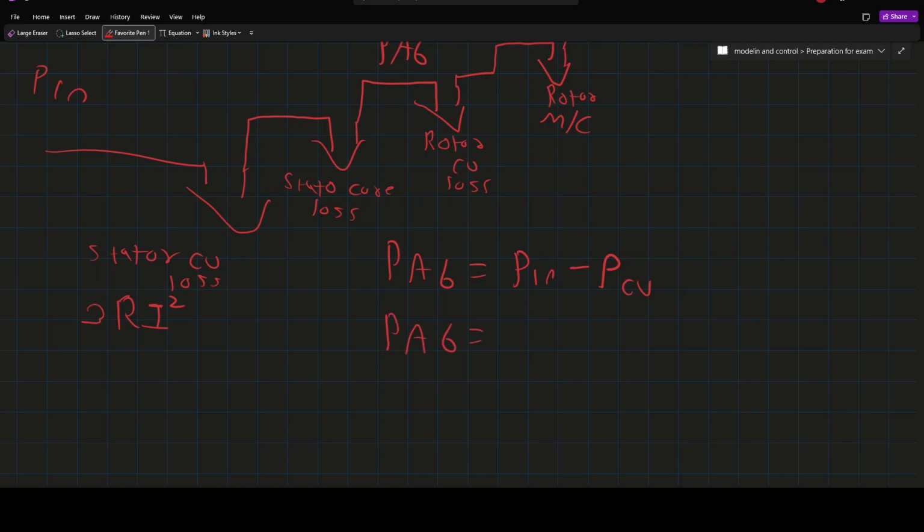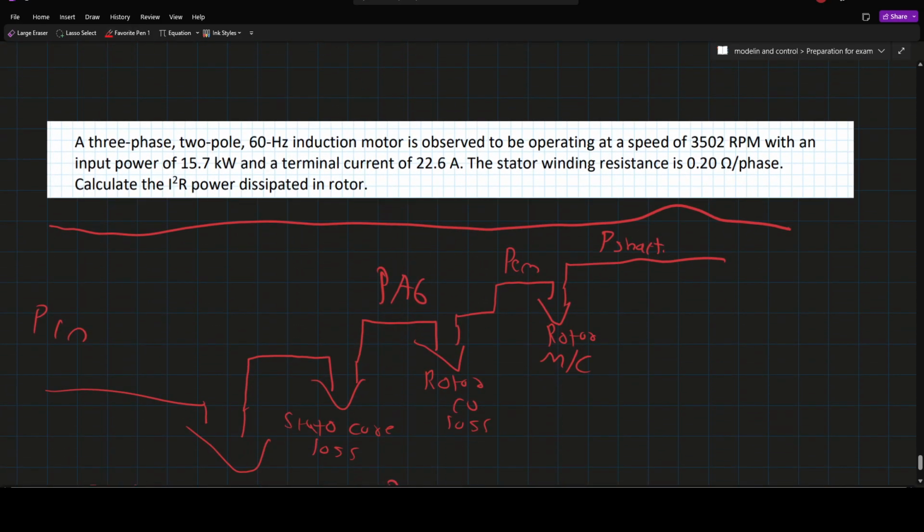So our power in is going to be 15.7 kilowatts. That is given here.